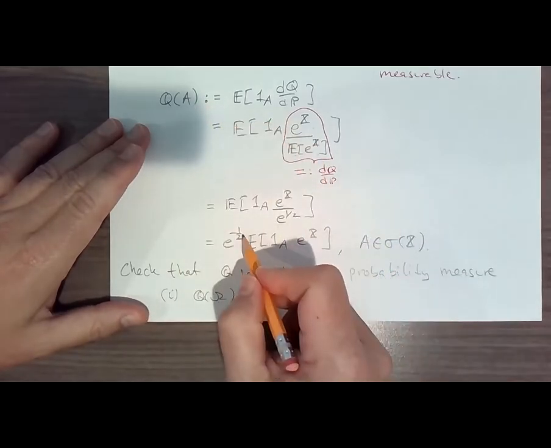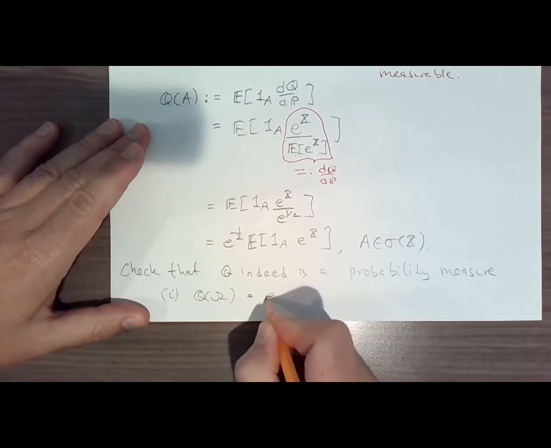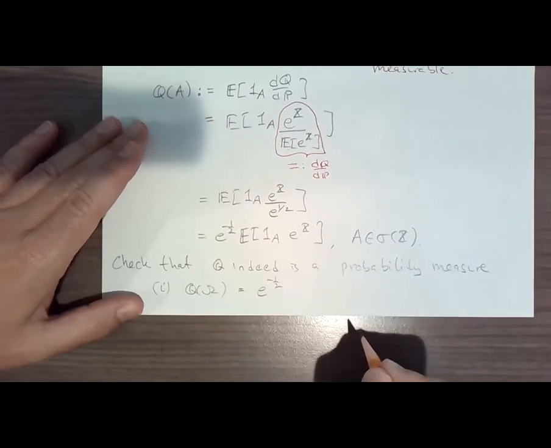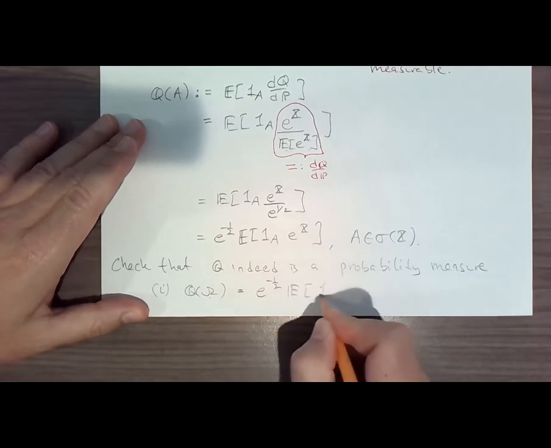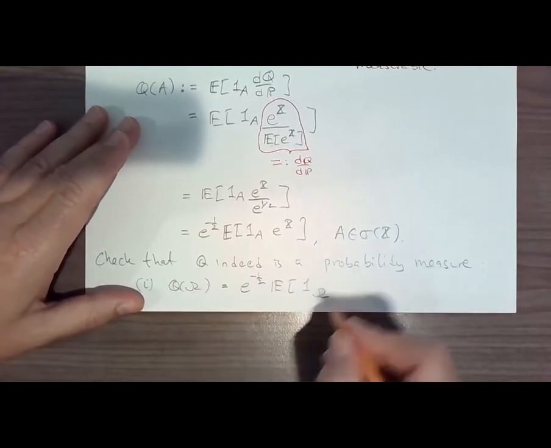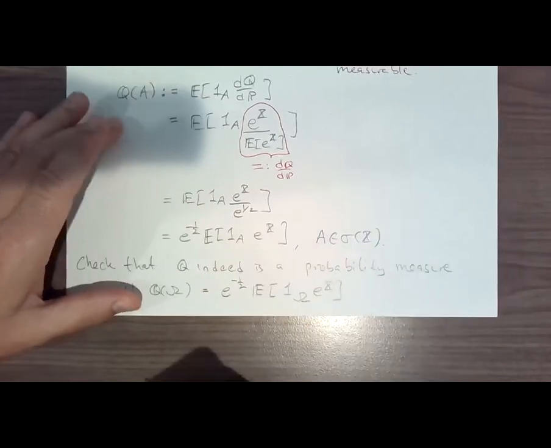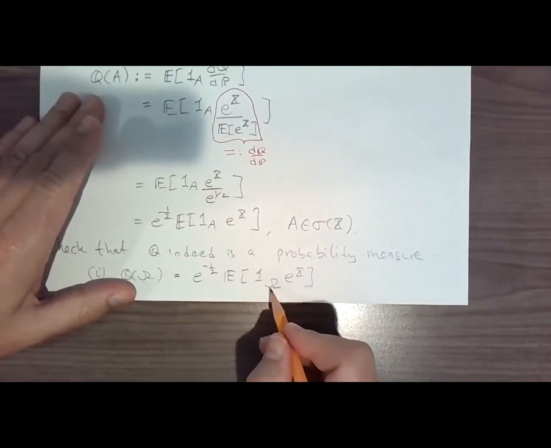What I'll get is that this is equal to e to the minus 1/2, and then instead of A here, I'll put the expectation of 1 omega times e to the X. But 1 omega is everything.